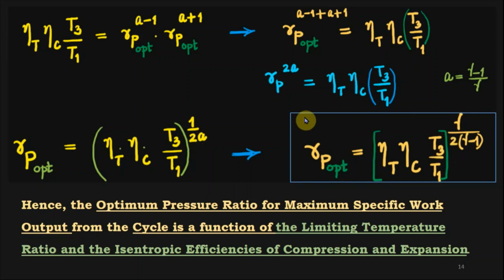So this is the expression for optimum pressure ratio for maximum specific work output when you consider the compressor and turbine efficiencies, that is, when you consider the actual gas turbine cycle. Optimum pressure ratio for maximum specific work output from the actual cycle is a function of limiting temperature ratio and the isentropic efficiencies of compression and expansion.